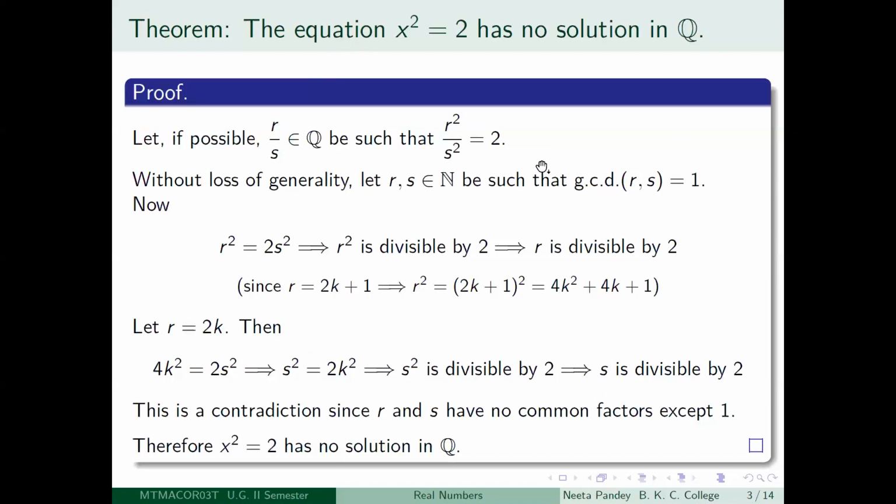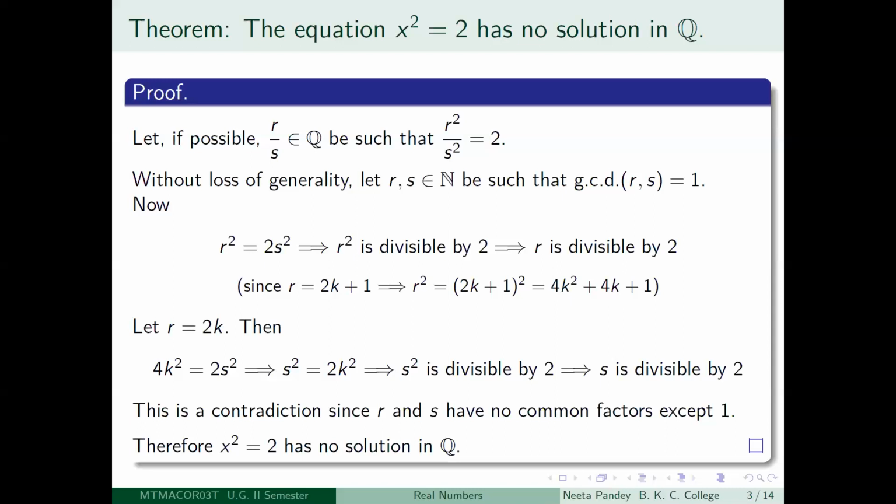Now instead of 2 you could have taken any prime number first of all and given a similar argument to show that x squared is equal to a prime number has no solution in the set of rational numbers.